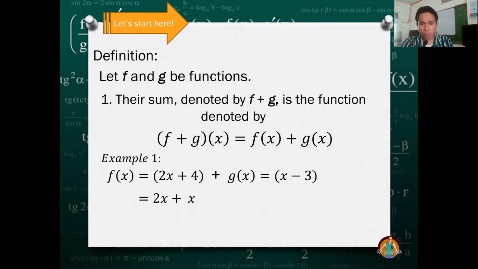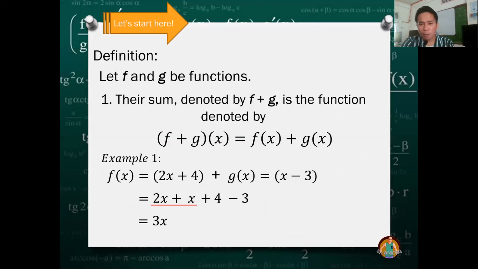What else? 4 and negative 3. Bakit sila magkapareho? Because they are both numerical coefficient or integer. So we can combine 4 and negative 3. Okay? So next, combine 2x plus x will give us 3x. Paano naging 3x? Kasi kapag binasa mo yung 2x plus x na yun is ano? 2x plus 1x. So 2x plus 1x will give us 3x.